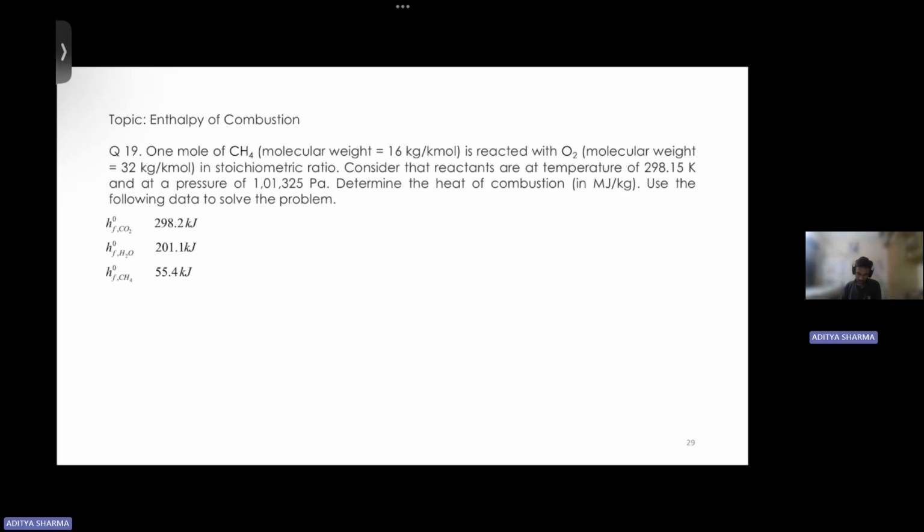So you have been given methane and then it is being combusted using oxygen in its stoichiometric ratio. So reactants are at this reference state. We need to find out the heat of combustion. Okay. So the enthalpy of formation for carbon dioxide, water and methane has been given, right?